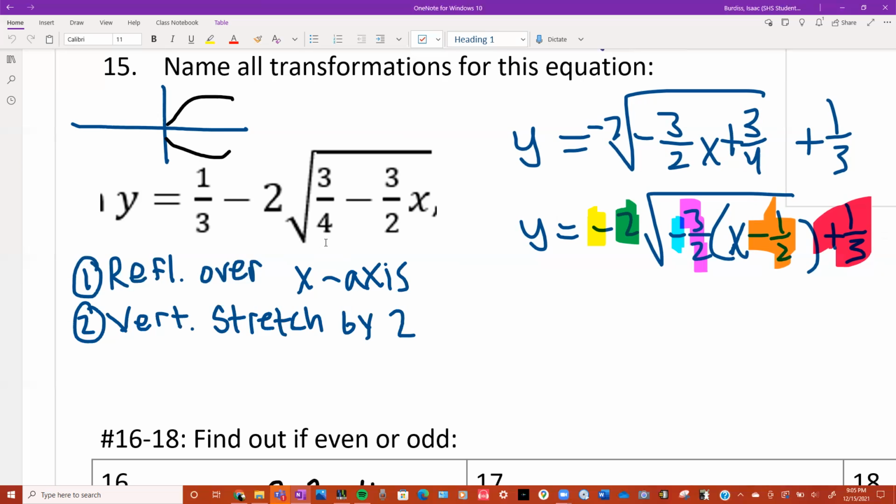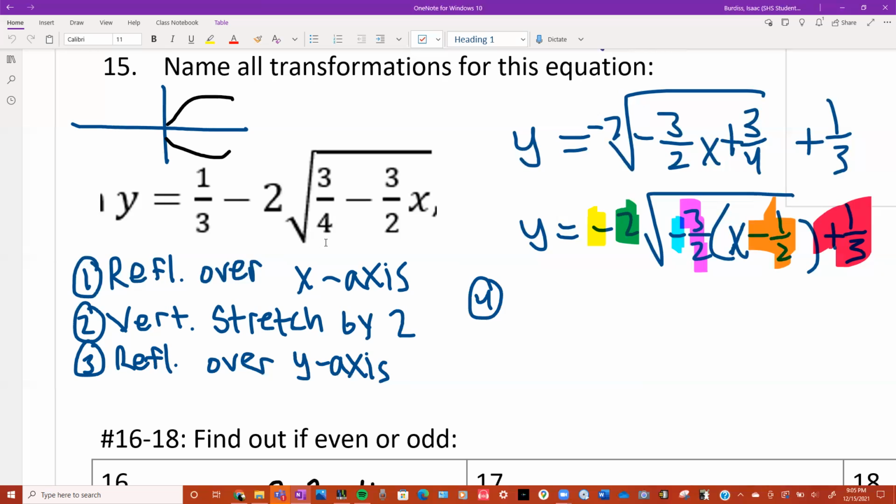Sometimes you say by factor of, but I'll just say by 2. Then the next thing, we see the negative that's in blue. That's a reflection over y-axis. Yeah, so usually there's not quite this much transformations, but of course there is.